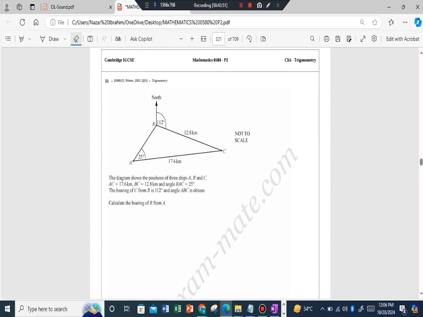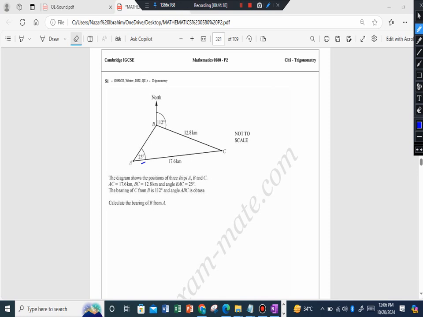Question number 51. We have a diagram that shows the position of three ships A, B, and C. AC is equal to 17.6, BC is 12.8 kilometers, and angle BAC is 25 degrees. The bearing of C from B is 112, and angle ABC is obtuse.